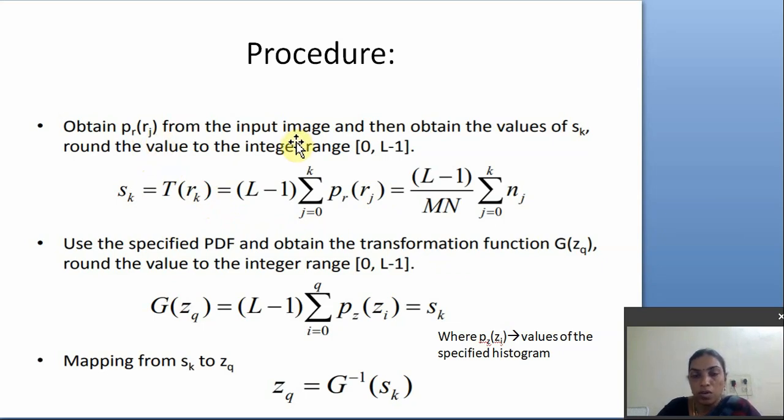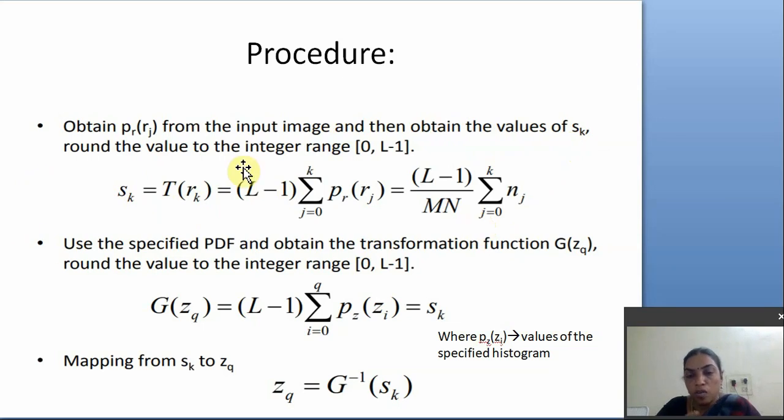Here we have the RK values and the NK values, and based on that find PR of RK, and then obtain the values of SK. Based on this PR of RK and PR of RJ, find the SK values from this equation.